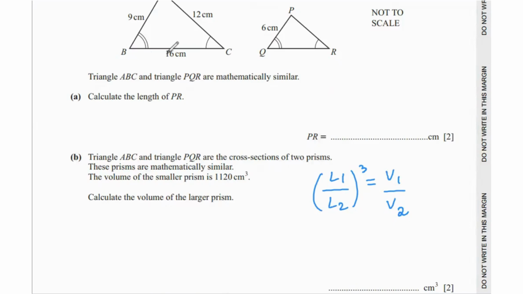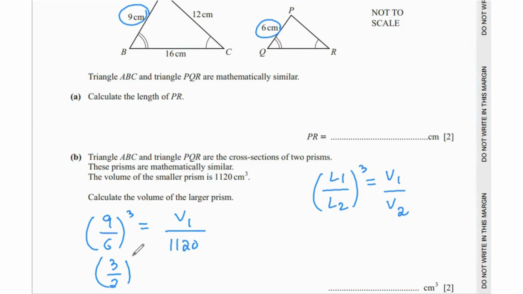So we can pick two corresponding lengths, these two. So if we say 9 over 6 whole cube equals the volume of the larger prism V1 over the volume of the smaller prism, which is 1120, and we have to find the volume of the larger prism. So that's 3 over 2 whole cube equals V1 over 1120.